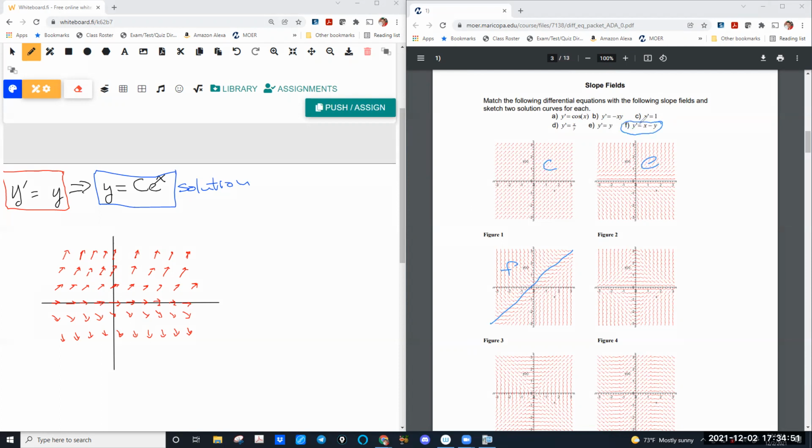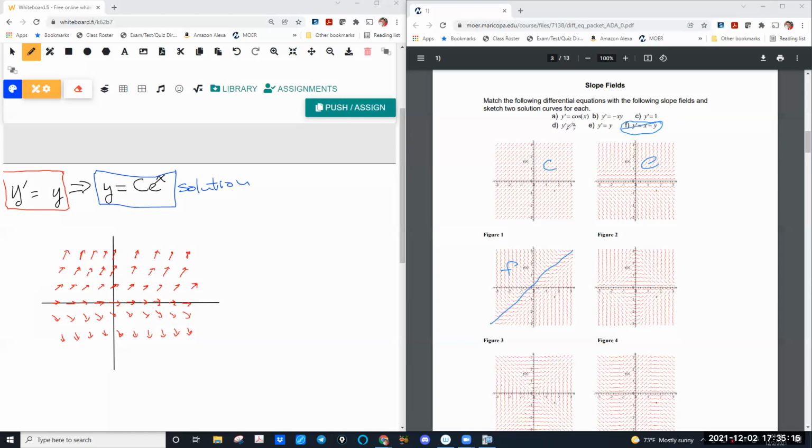Well, if we look at this differential equation, when x and y are the same, we're going to get a slope of 0. And also, when x is larger, we're going to have a positive slope. When y is larger, we're going to have a negative slope. So that's why we see down over here and up over here. It creates that really interesting shape. We get some pretty cool images with these.